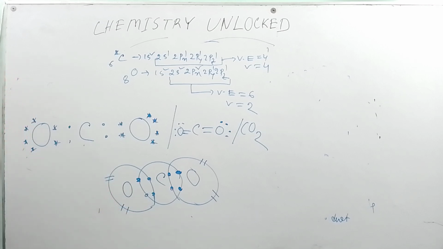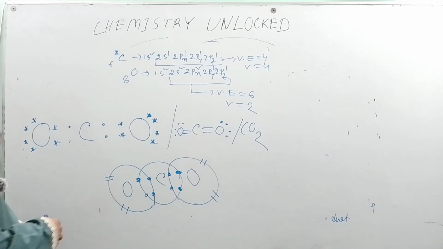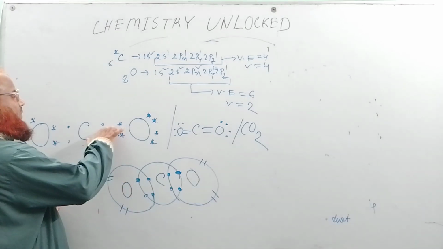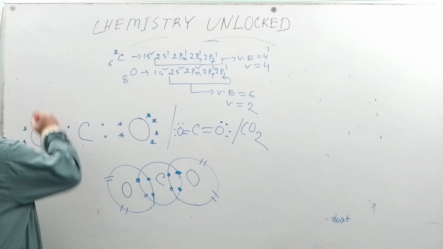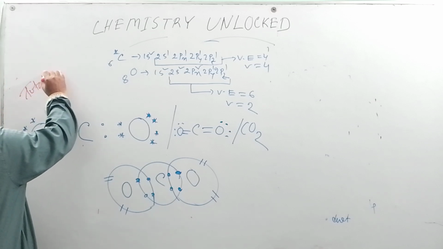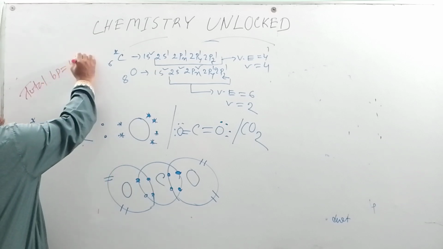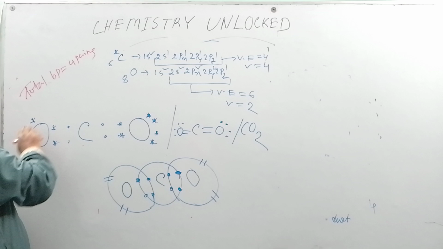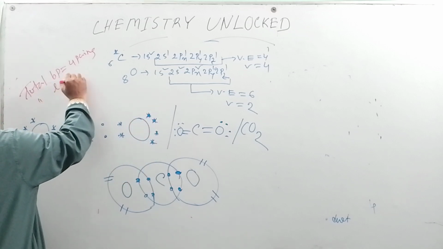Now my dear students, look here for counting the number of lone pair electrons and bond pair electrons: 1 pair, 2 pairs, 3 pairs, 4 pairs. So the total BP, bond pairs, is 1, 2, 3, 4, 4 pairs, and total lone pairs 1, 2, 3, 4. Total LP is also 4 pairs.